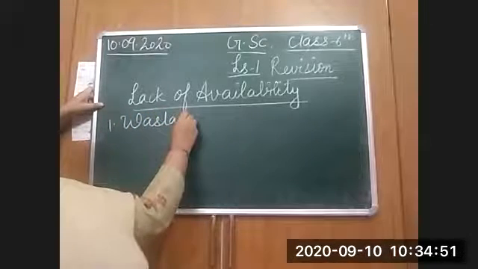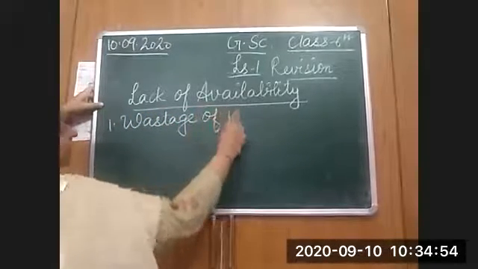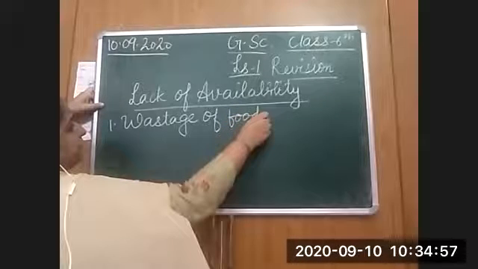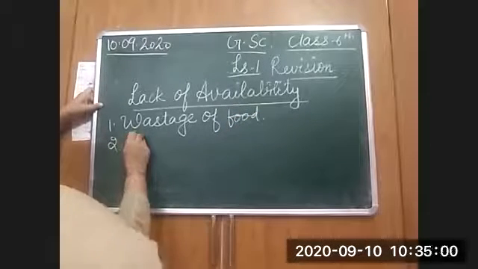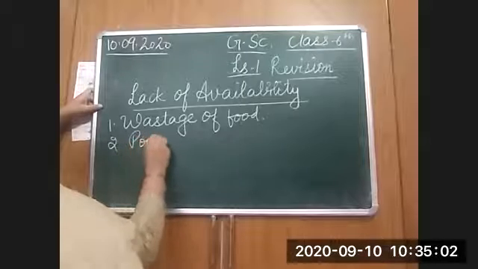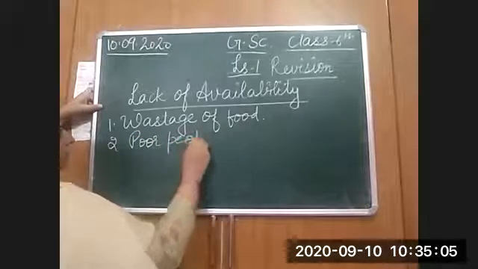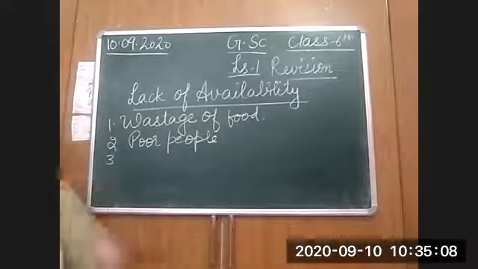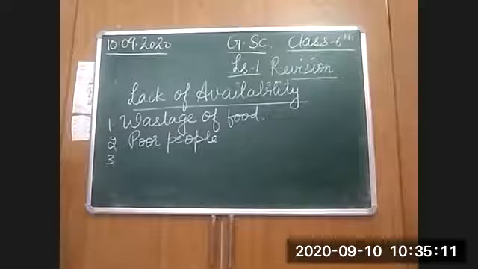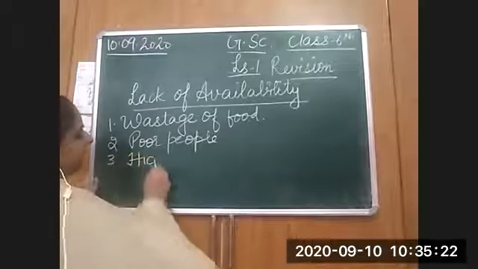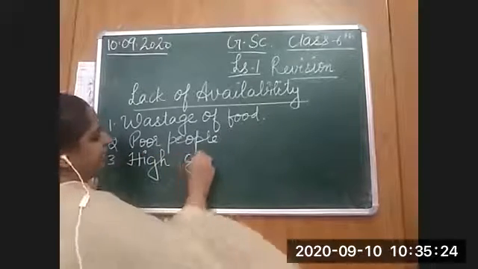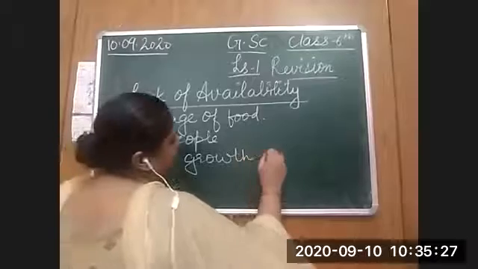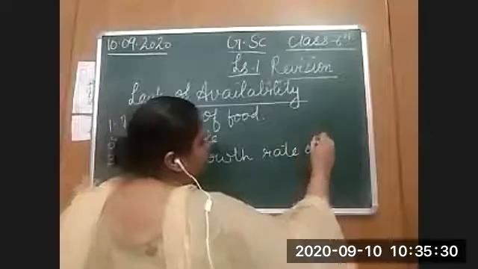Food is being wasted. Then, number 2, people are poor. Here you can write low income. Is that clear? Then, high growth of population. There is increase in population, so the food produced is less.